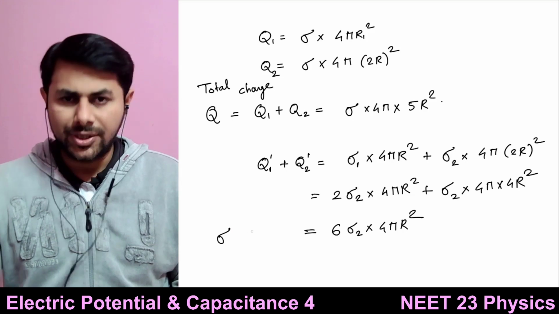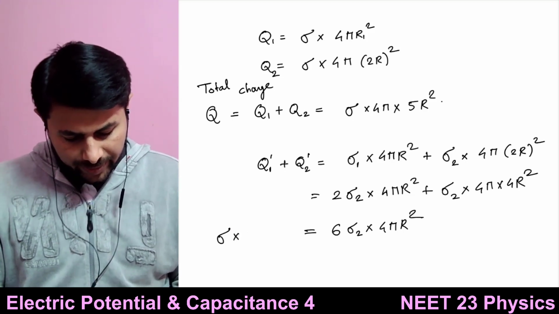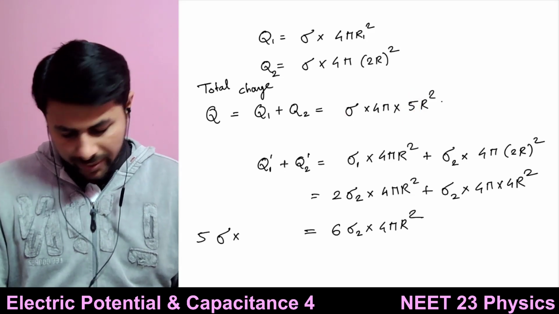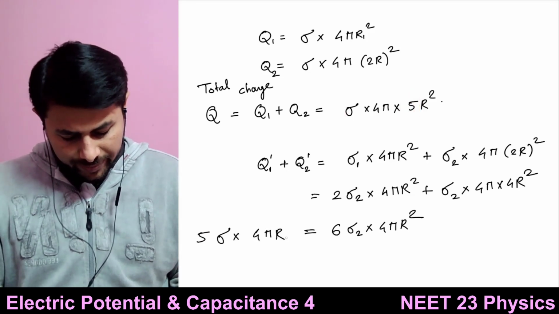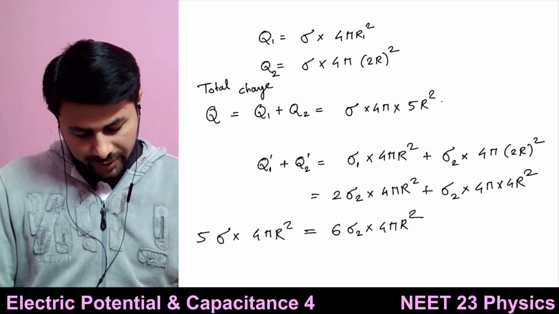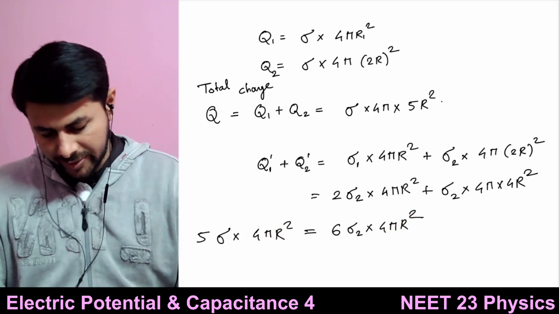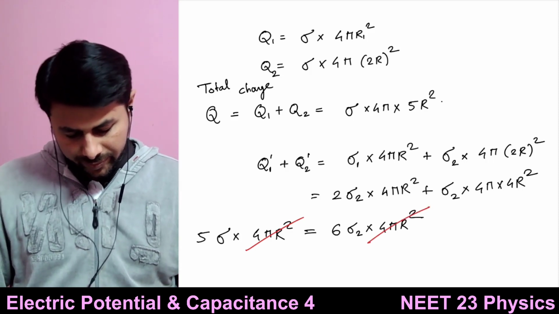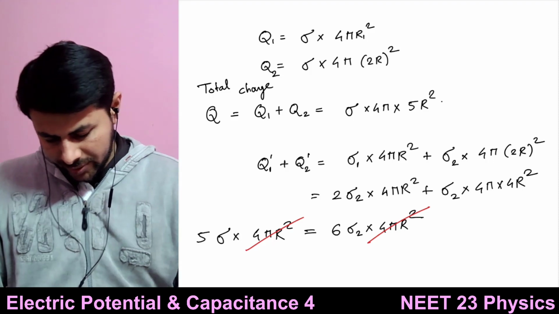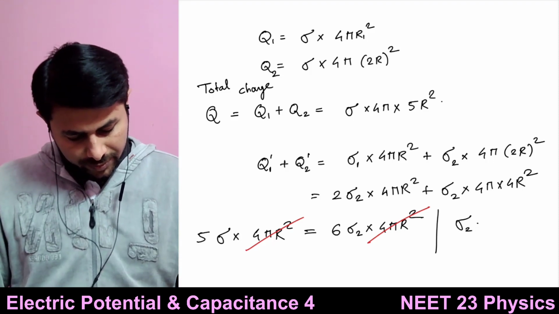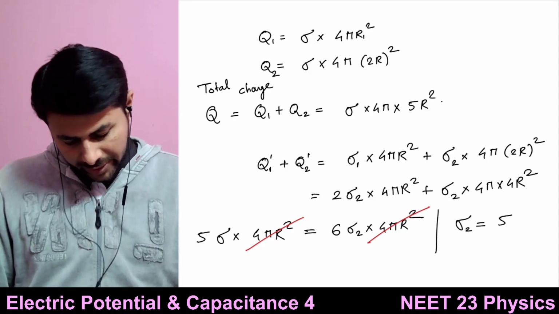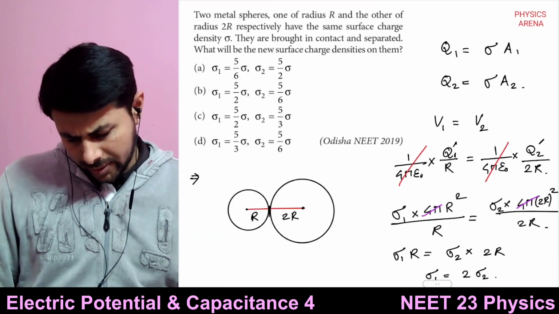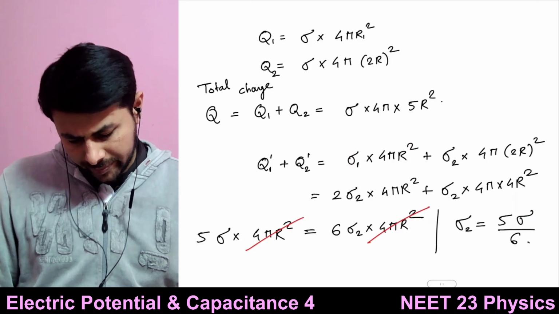So we can equate it to the original surface charge density sigma multiplied by 5. We can write 5 times sigma multiplied by 4 pi r square is equal to this thing. So 4 pi r square and 4 pi r square will get cancelled out. So we get sigma 2 in terms of sigma. Sigma 2 is equal to 5 times of sigma divided by 6. So is this what we want?